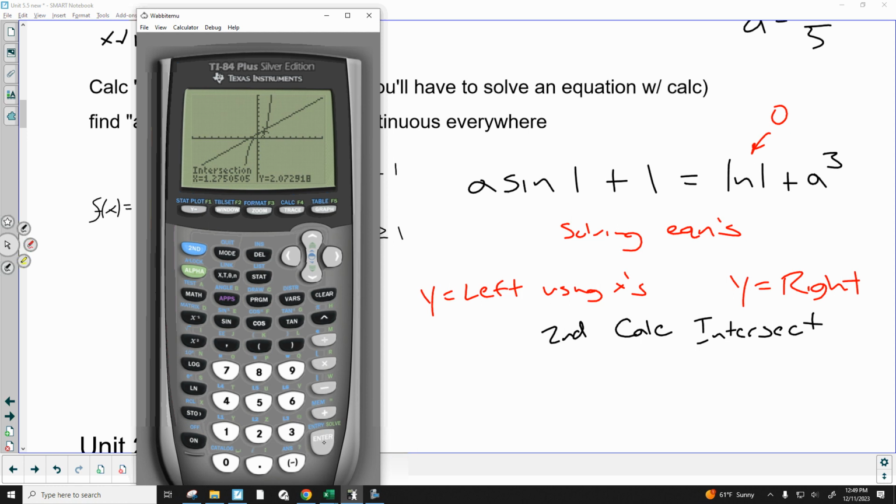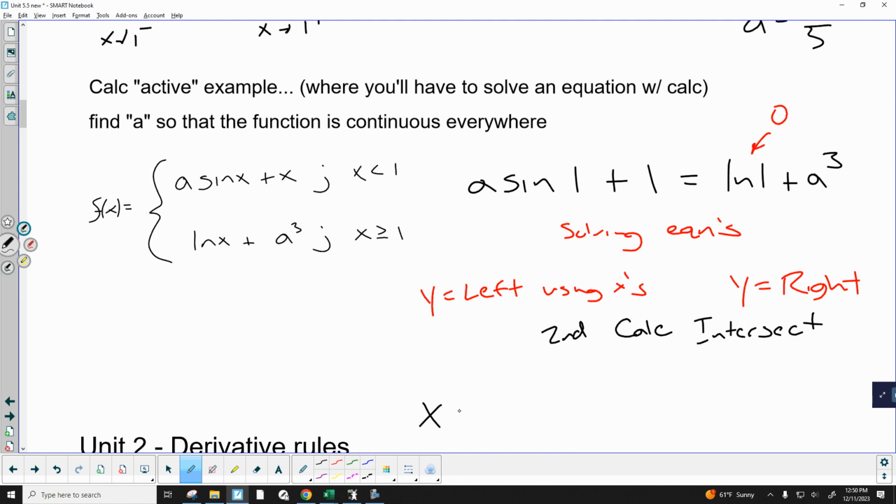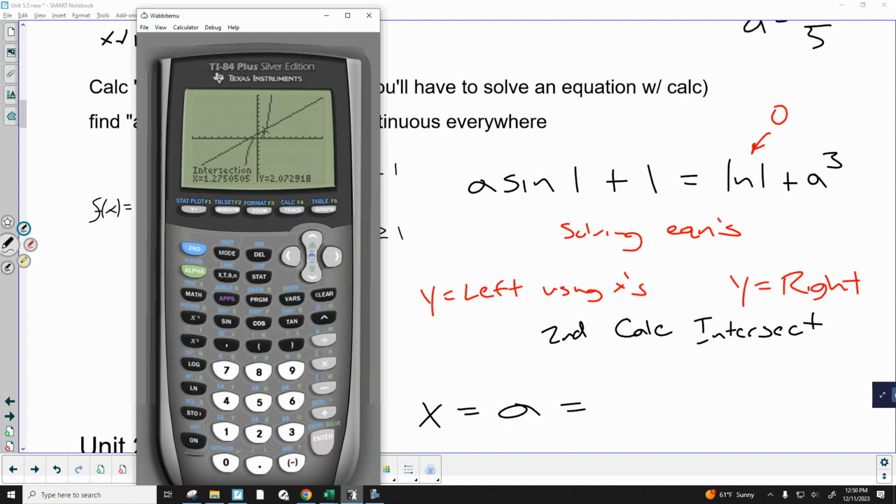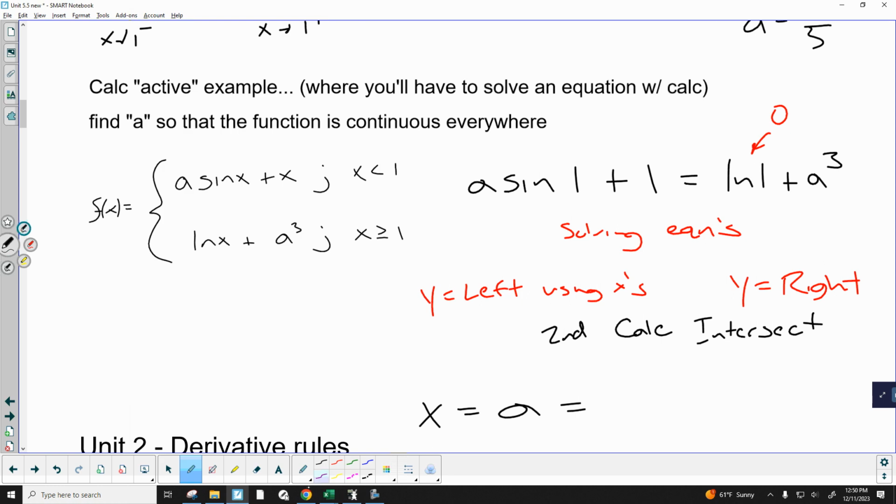We got an X and a Y. The point is not your answer. X comma Y is not your answer. You are told that your X, which is representing your A, is 1.275. At that A value, you will get the same Y value.